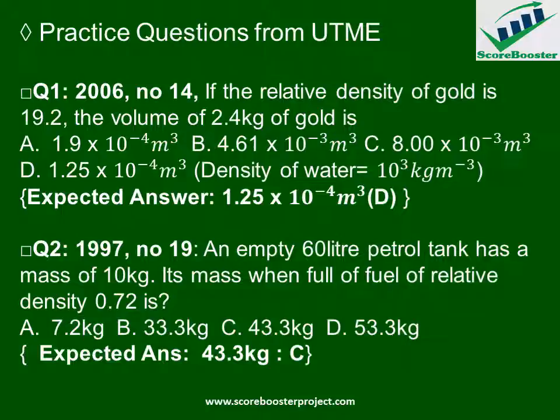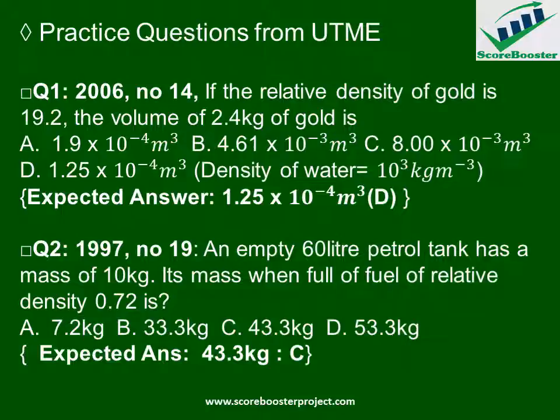So you are given option A here to be 1.9 times 10 raised to power minus 4 meter cube, option B to be 4.61 times 10 raised to power minus 3 meter cube, option C is 8.00 times 10 raised to power minus 3 meter cube, option D is 1.25 times 10 raised to power minus 4 meter cube.